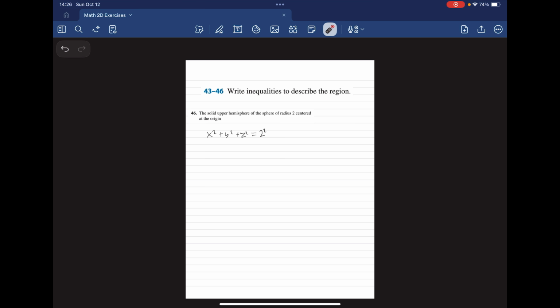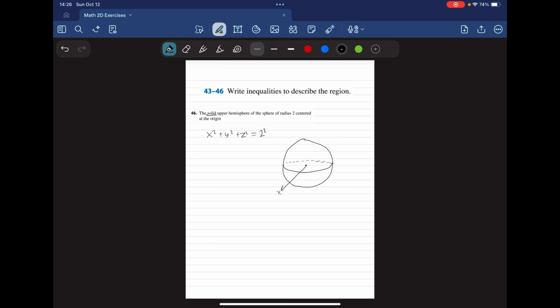But note that they say, and this is important, they want the solid upper hemisphere of the sphere. So the fact that we need to include the solid means that, let me sketch out our sphere really quick. So this is the x-axis, y-axis, and z-axis, and the radii here are 2.